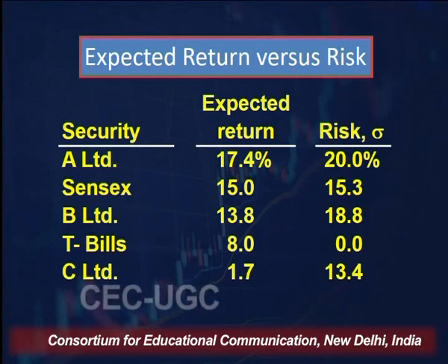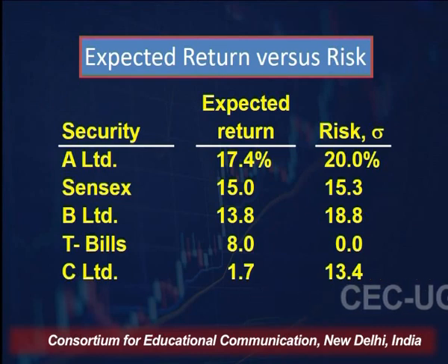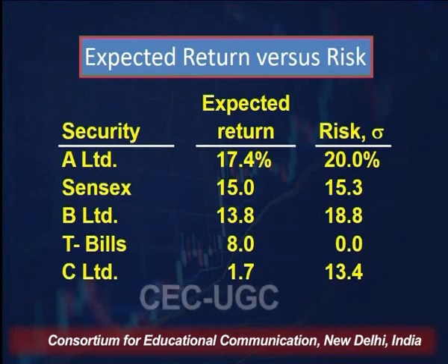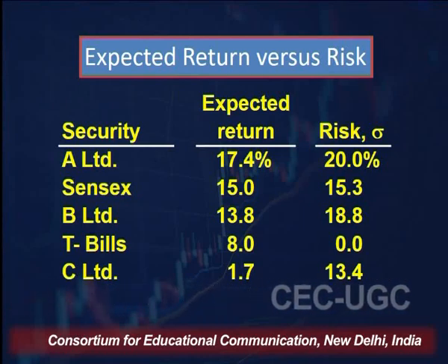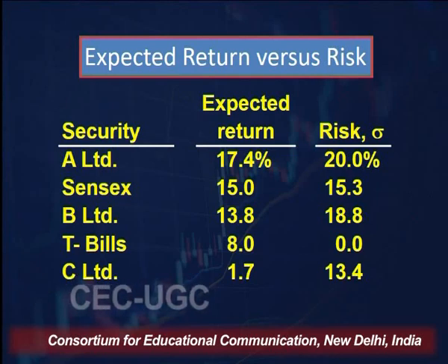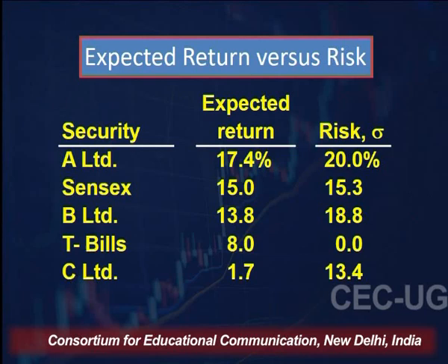So when we were calculating the return, we said that the return will be somewhere between the return of A and the return of C. A was giving us a return of 17.4% and C was giving us a return of 1.7%. So when we did the calculation, we got a return of 9.6%. Clear cut? It is lying between 1.7 and 17.4.